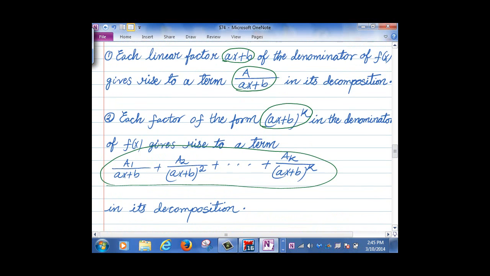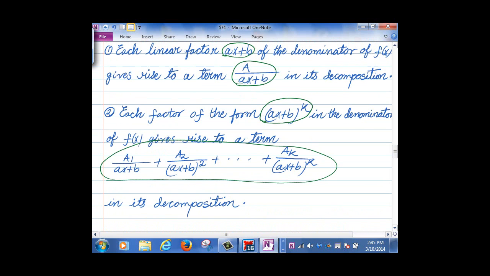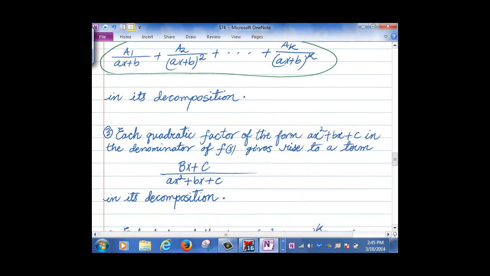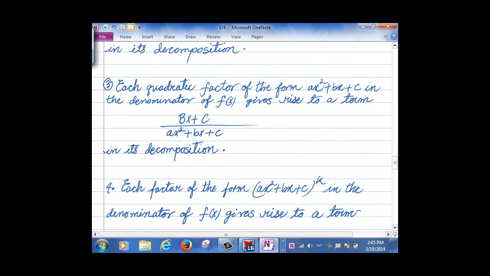Everybody is clear on 1 and 2? Three is, what if you have a quadratic factor? Suppose that the denominator has a quadratic factor. Then, in the decomposition, we get a term where the denominator is the quadratic factor, but the numerator cannot be just a constant.